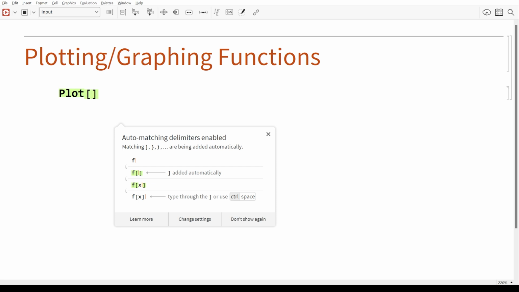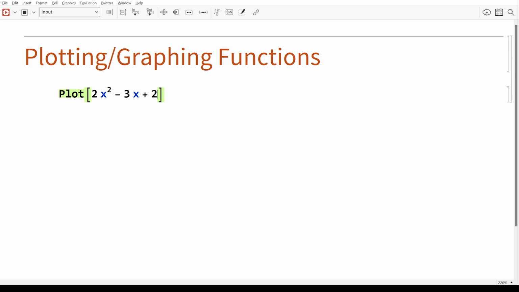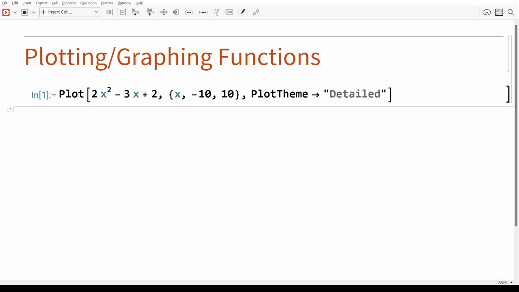And let's say I want to plot something like this, 2x squared minus 3x plus 2, a quadratic function, okay? And let's say I want to see the plot from minus 10 to 10, and I want my plot theme to be a little bit detailed. I like it that way most of the time.